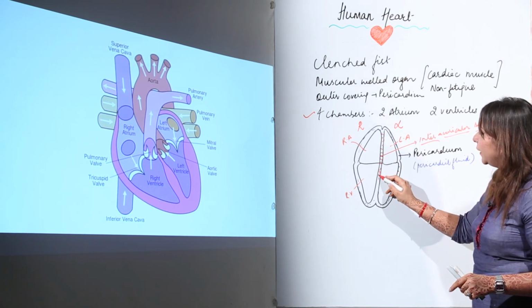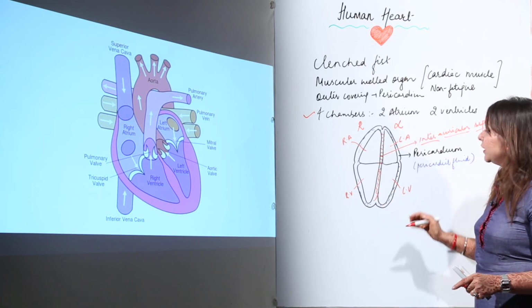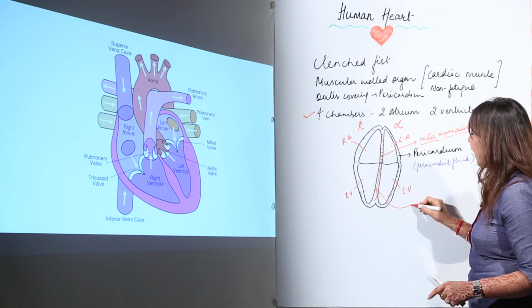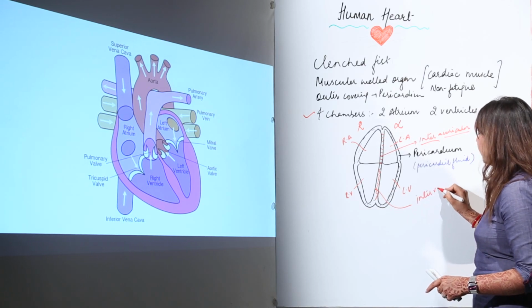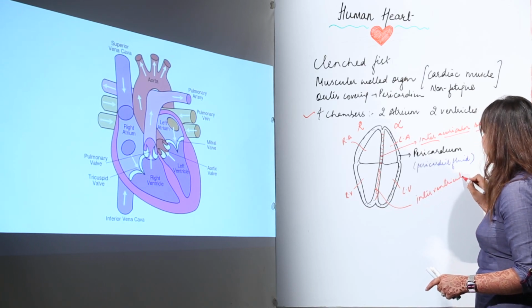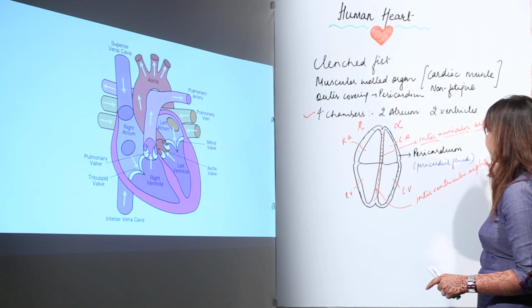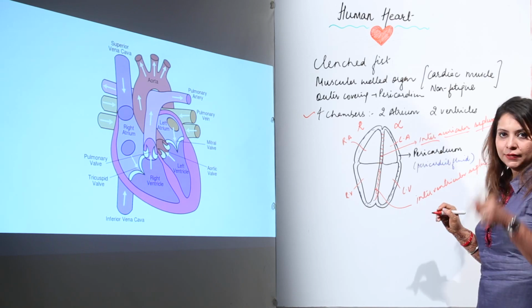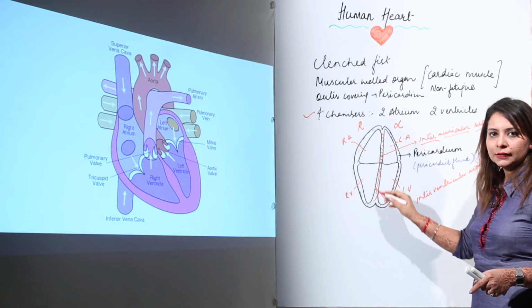Likewise there is a space between the ventricles as well. The division that separates the 2 ventricles is called the interventricular septum. Again, inter means in between, ventricular means between ventricles, septum means a division.